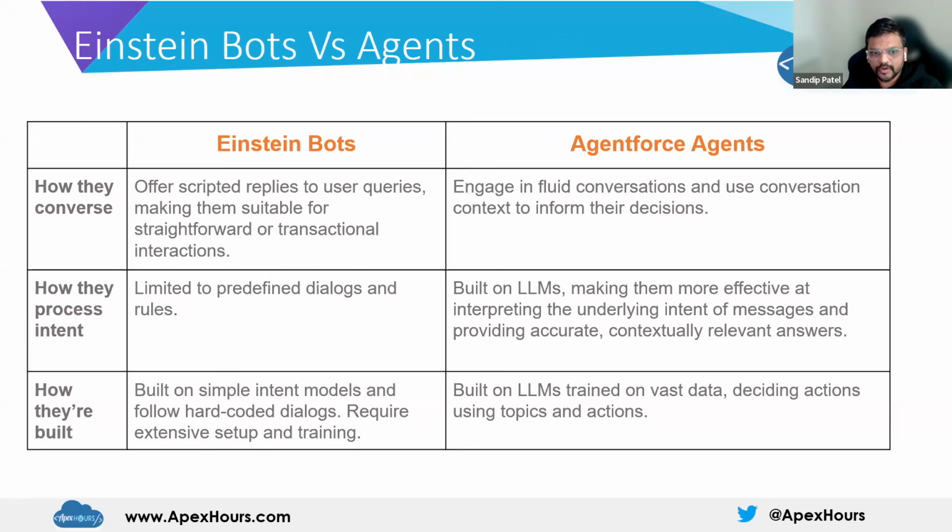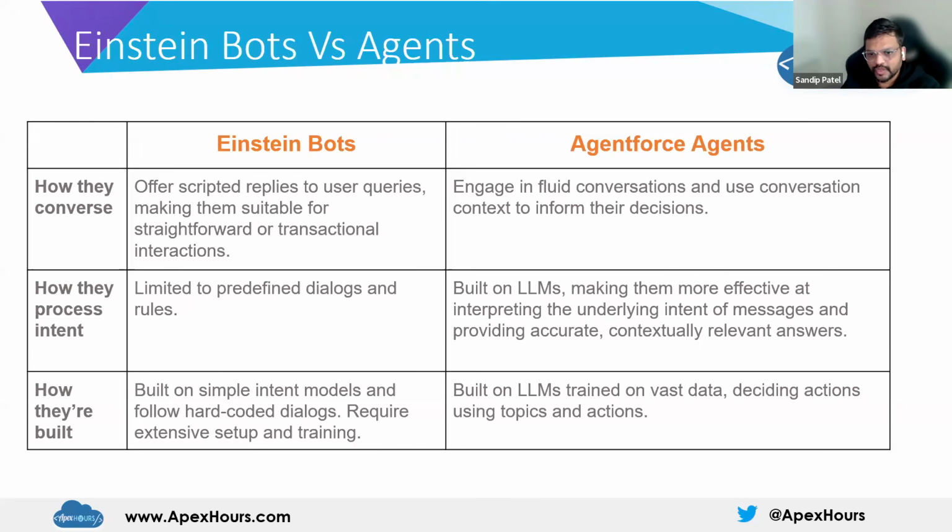Einstein bot is built on a simple intent model, it follows hard-coded dialogues, and it requires extensive settings for setup and training. Agentforce is built on LLMs, and it is trained on vast data. So you do not need to train Agentforce; it is already trained.